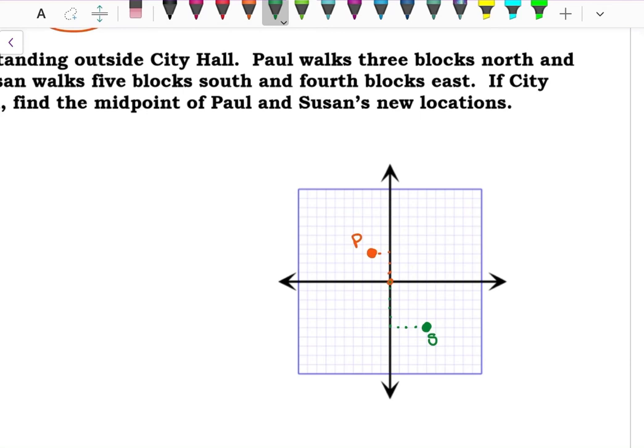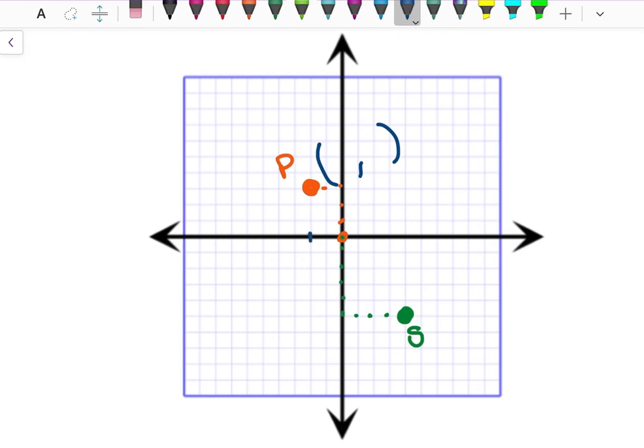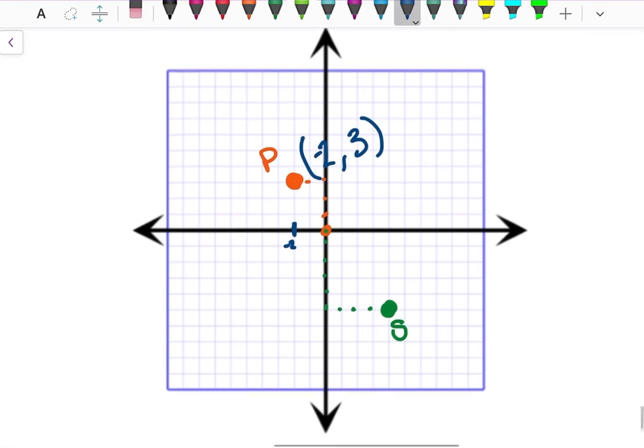So first thing I'm going to do is label those points with an X and a Y. So Paul would be at -2 on the X, so X is -2, comma, Y is 3, because it goes up 3. And remember, these are the same points from yesterday, so they haven't changed. Now we do Susan.